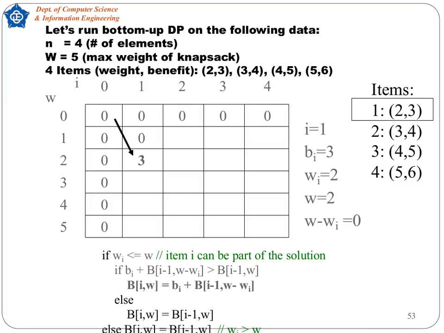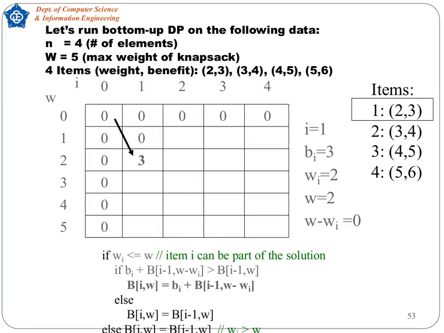Include item 1: benefit plus B[0][W minus 2] equals 3 plus 0 equals 3. Since 3 is greater than 0, we set B[1][2] equals 3. That means for W equals 2, 3, 4, 5, B[1][W] all equal 3.